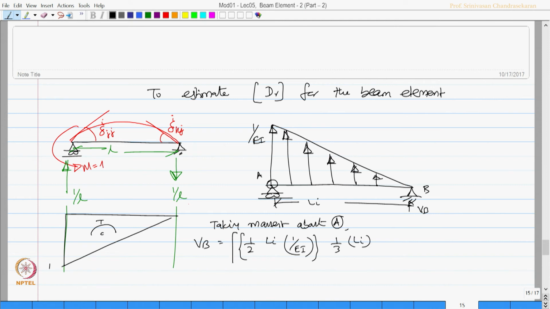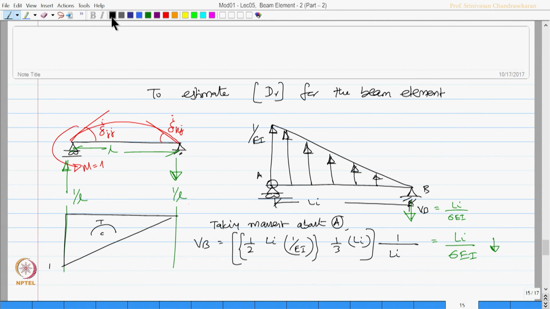Okay. I have to divide this by Li again to get my VB, where my VB will be in the reverse direction, which will be actually equal to Li by 6EI in this direction. So, I mark that value here, which will be Li by 6EI. Okay.